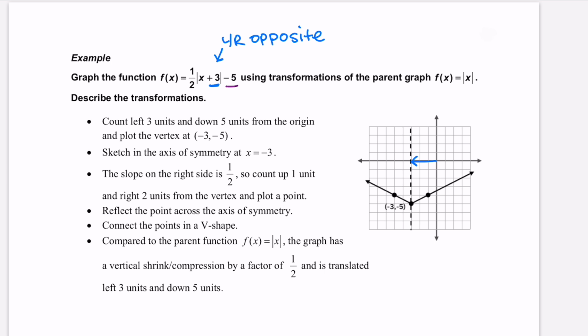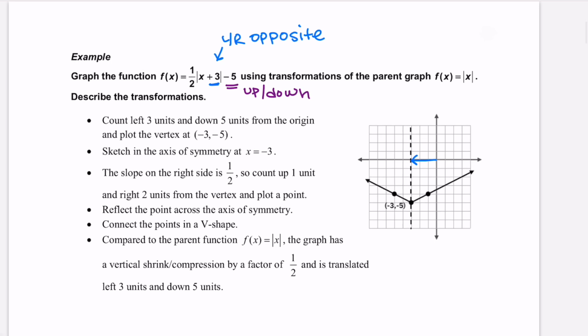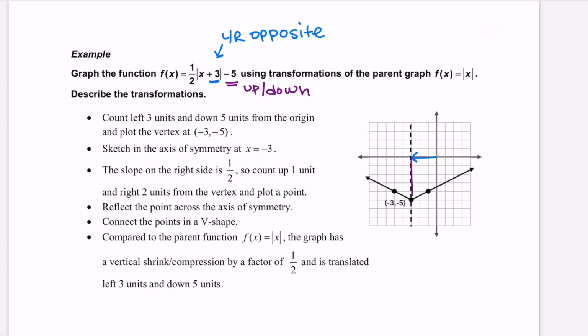The minus 5 is the up and down, but it does not do the opposite. So this is going to be down 5. So what that did is it moved it, went down 5. So we start at 0, 0, we go left 3 and down 5, and that is our new vertex. So that would be the vertex there.